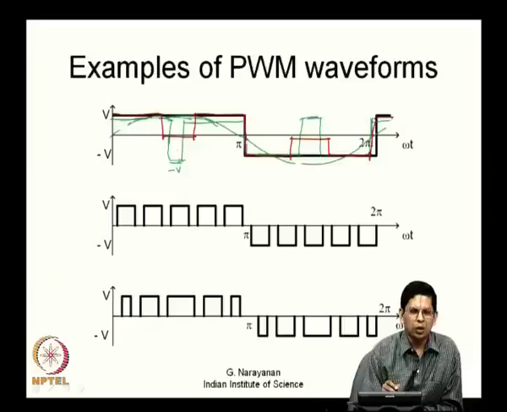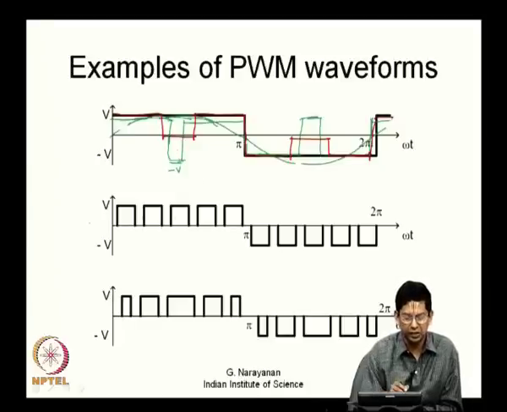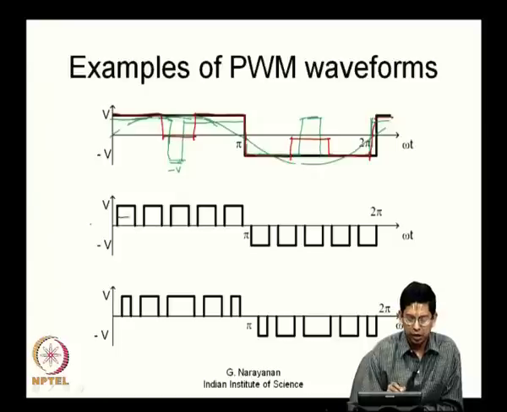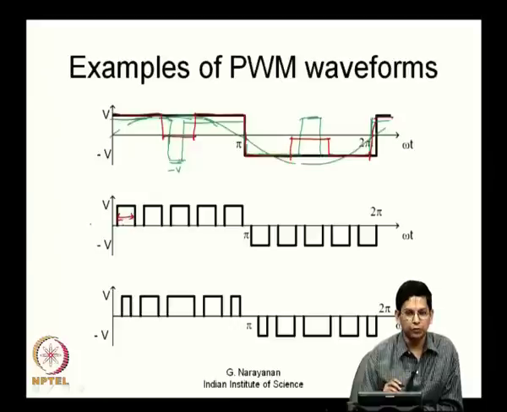So, it need not be one notch, it can be many notches, or it can be seen as several pulses as indicated in this waveform here. You can see that there are several pulses now, and these determine some amount of fundamental voltage, and the width of these pulses can be controlled. If you control the width of these pulses, you will be able to adjust the amplitude of the sine wave or the fundamental component of this waveform.